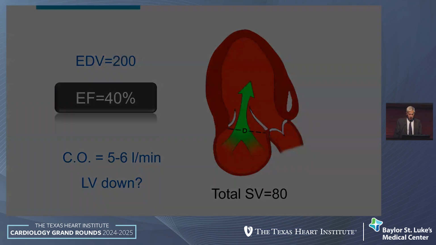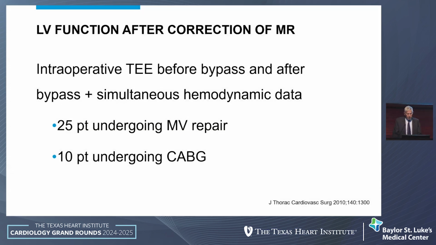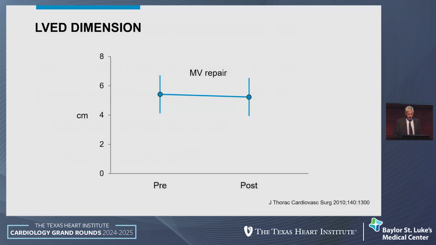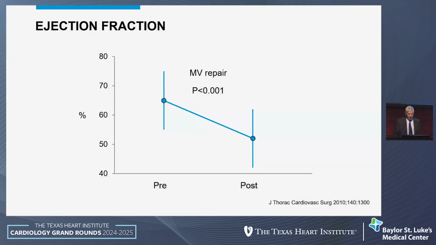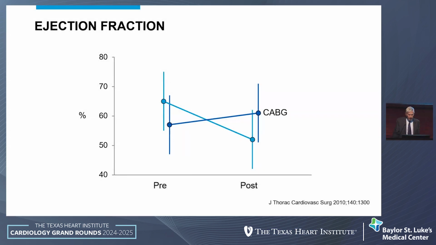Now, there are other causes as well. Now, we did a small study just to look at this to see whether this whole theory was true. After mitral valve repair, there's no real important change in LV dimension. The ejection fraction does fall. And if you compare that to patients having surgical revascularization, actually patients that have coronary bypass surgery, it doesn't go down at all, it's up just slightly.